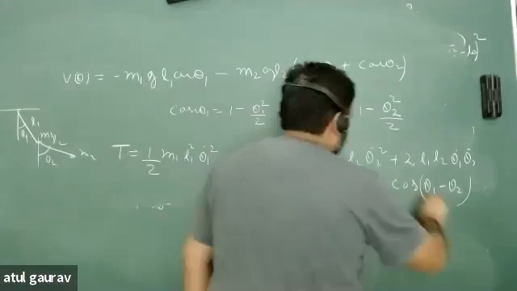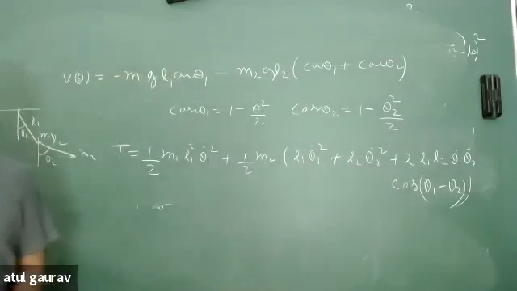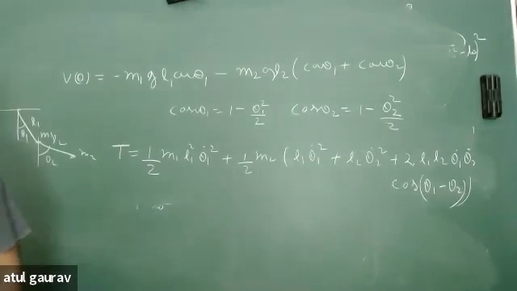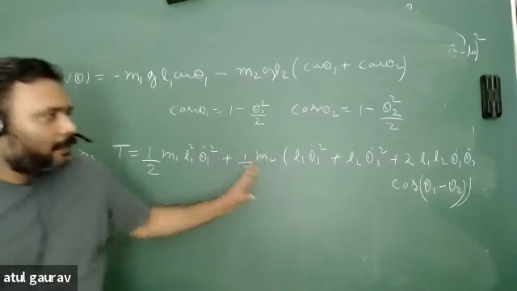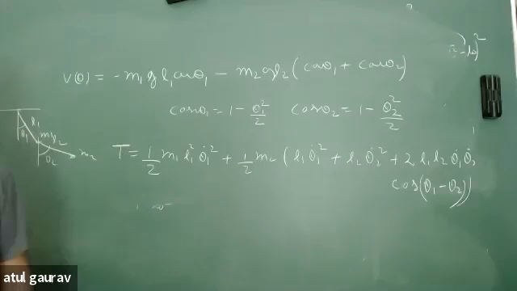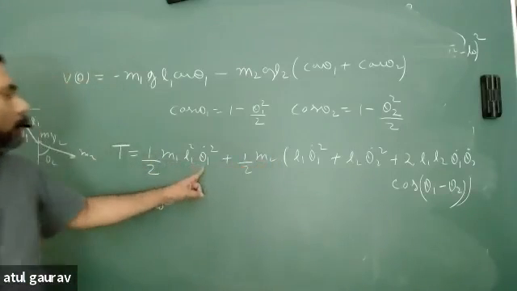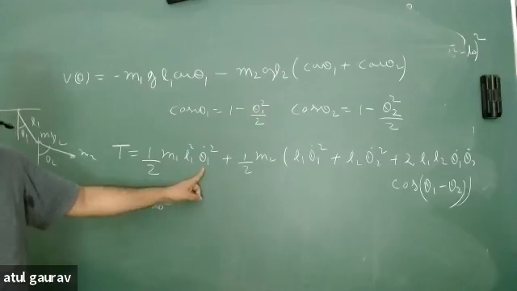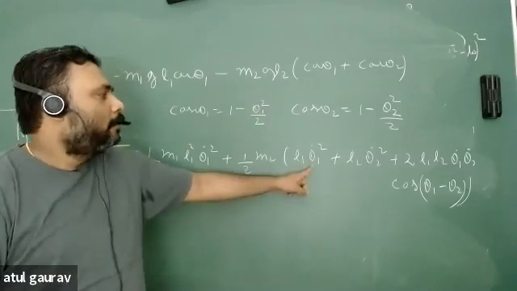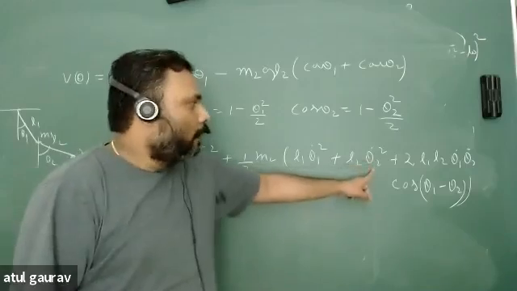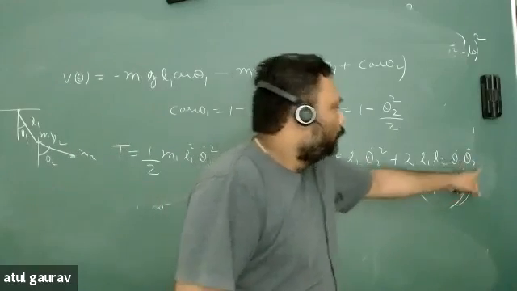Just go and do the double pendulum again, and you will find this kind of situation. So what will the calculation be for the small oscillation? We have eta 1 dot eta 1 dot, eta 2 dot eta 2 dot, and eta 1 dot eta 2 dot.